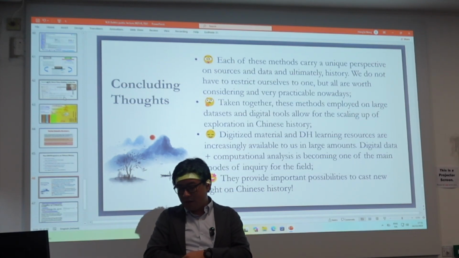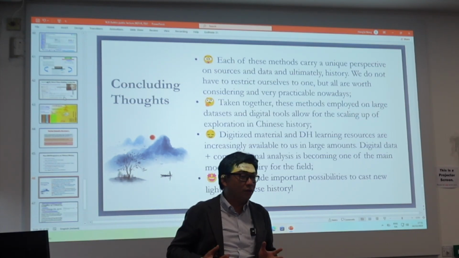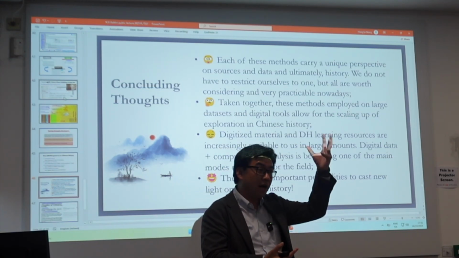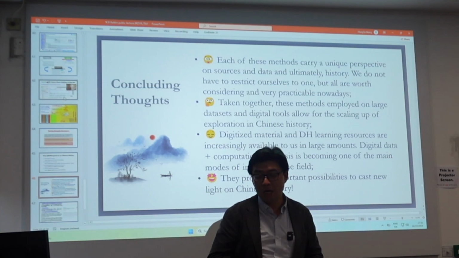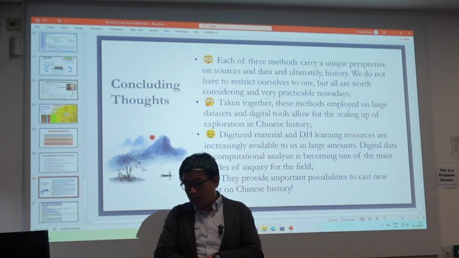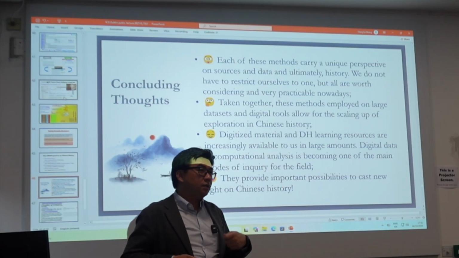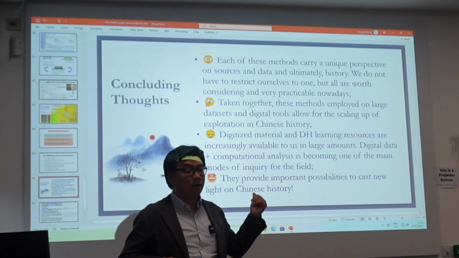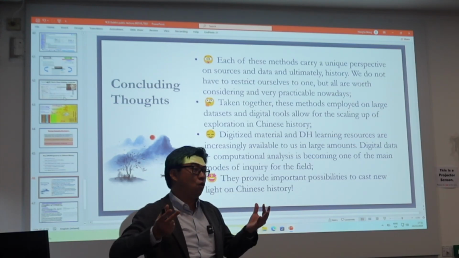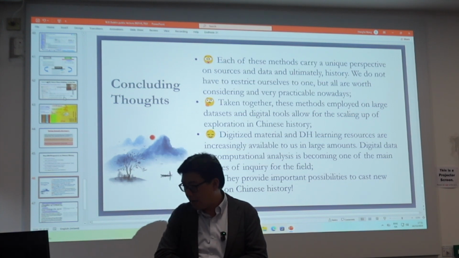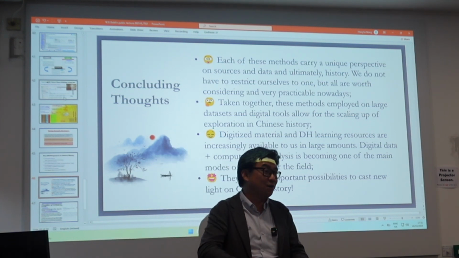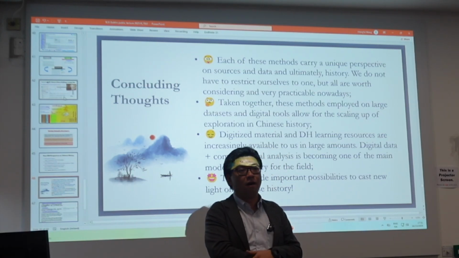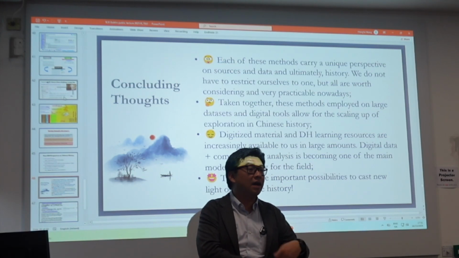And of course, digital humanists usually argue that this sort of digitization and digital analysis helps scale up our study of these phenomena. This is especially so considering the material and the data are now readily available. The resources that I've mentioned are open, they're accessible, and there are increasingly large amounts of data sets out there. Also, learning DH tools has become easier.